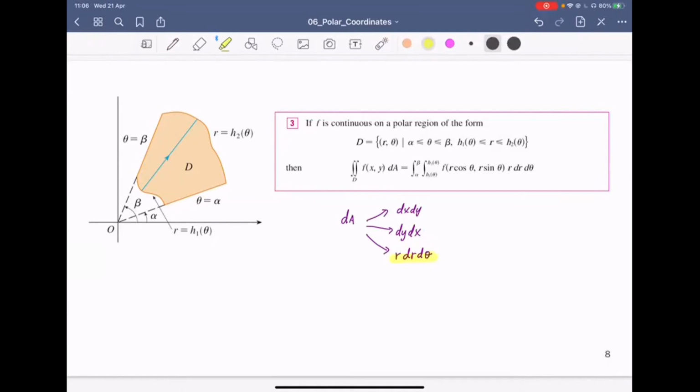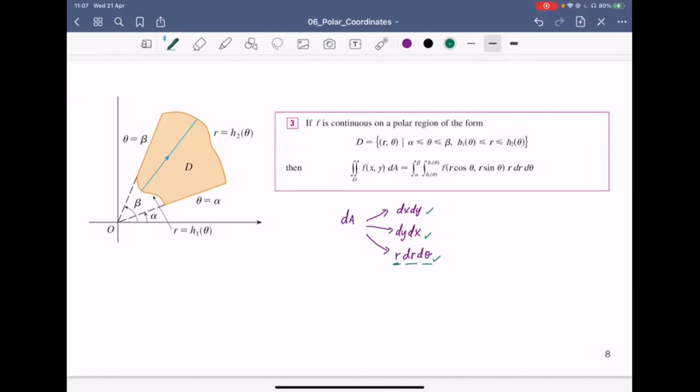You cannot use d theta dr. Well, it is possible, but the terms you would get are super hard, outside the scope of this class. For this class, we can do only dx dy, dy dx, and r dr d theta. So we have to have r here as well. This is just the term that we have left from the proof, so we have to carry it with us all the time. It's going to be r dr d theta.